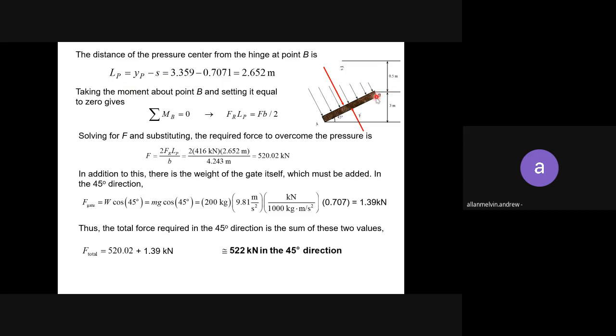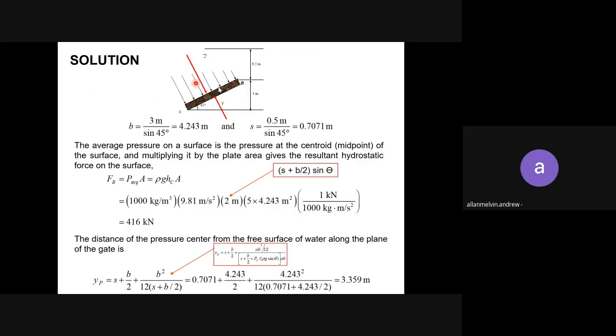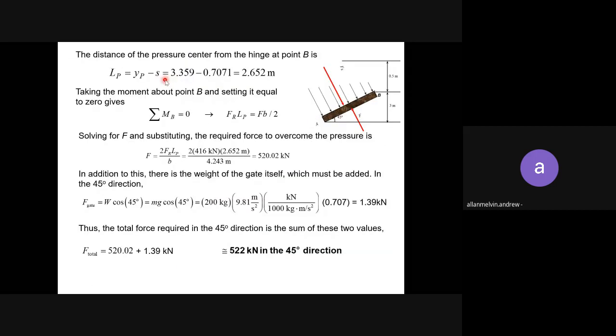But you only want to find the distance from B to the center of pressure. So YP minus S. So S is the one that you calculate here. So you get 3.359 minus 0.7071 equals to 2.652. Okay, from here to here is 2.652 meter.